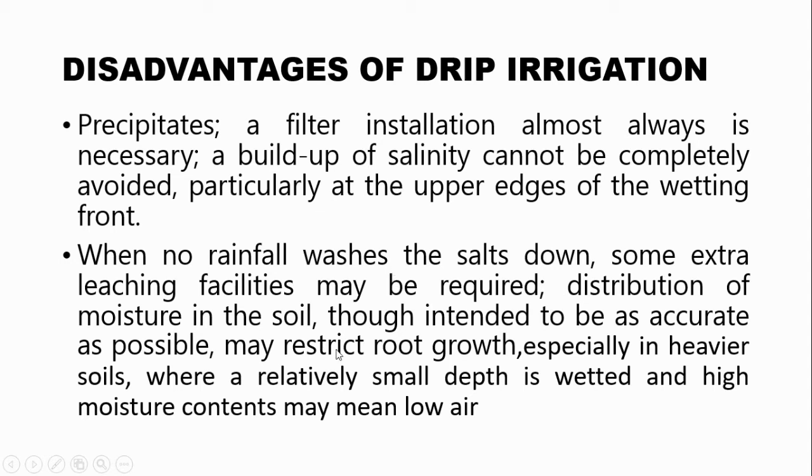And then another disadvantage. Tobias, you want to make a try? Okay, Dennis. Another disadvantage is that drip irrigation is not suitable for sloppy ground, steep slopes. Okay, that is true.